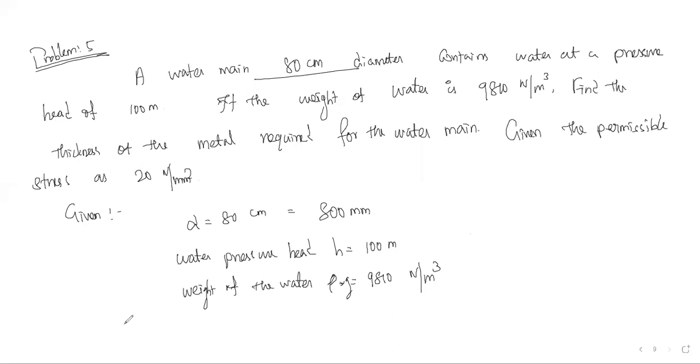Find the thickness of the metal, given the permissible stress. So the permissible stress denotes sigma 1 value, which is 20 Newton per mm square. Now let us find out the thickness.